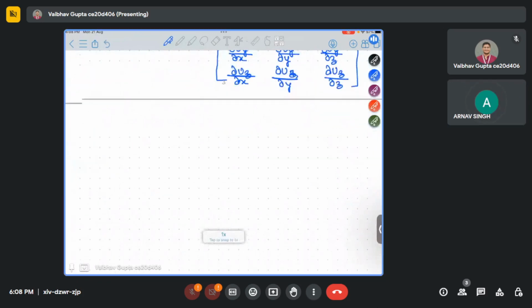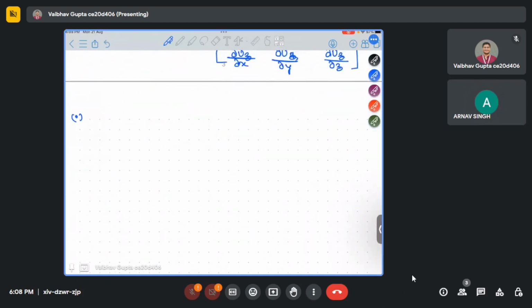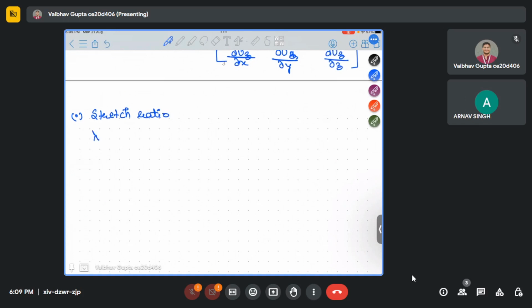Okay, next we studied in week 4 the stretch ratio. It is denoted by lambda. With A as the unit vector or position vector, it is defined as the ratio of current length to original length.